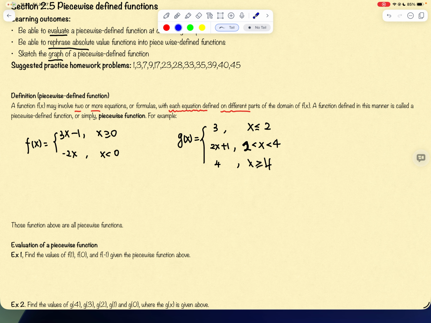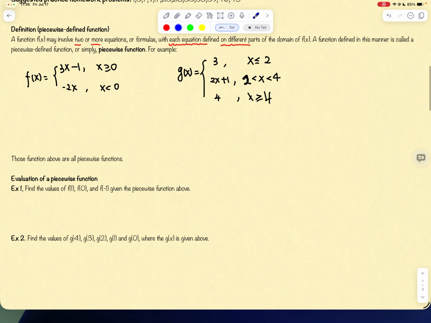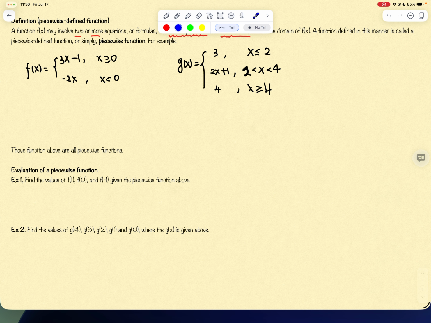What could potentially happen is that at the intersecting point, you realize, oh, it's greater than or equal to 0 and less than or equal to 0. It seems like 0 was defined twice. But if the expressions of the function happen to agree with each other, then you are not defining it twice. You are defining it corresponding to a single value, a single output. Then that's still okay. Well, those are piecewise functions, and how do we do evaluation? Like we said, you just choose the right piece to use.